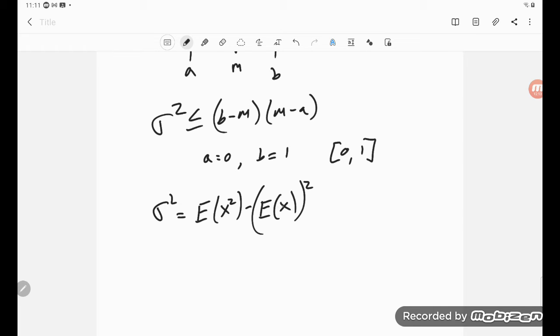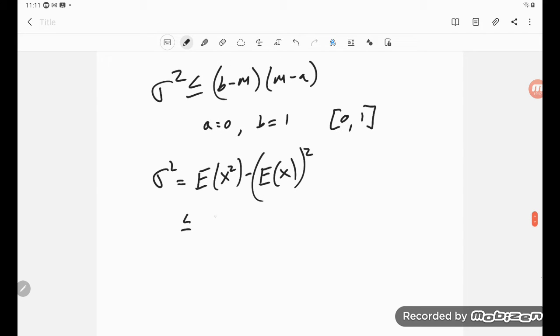What I know is that that would have to be less than or equal to the expected value of x minus the expected value of x squared, because the expected value of x squared is less than the expected value of x.